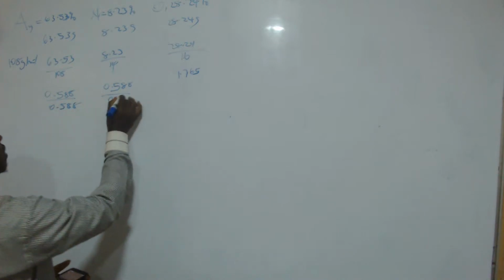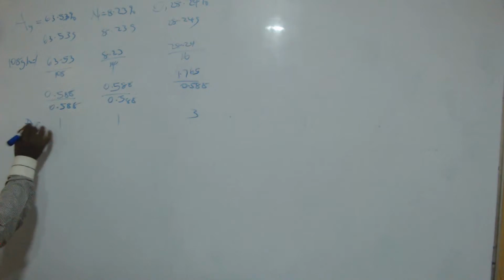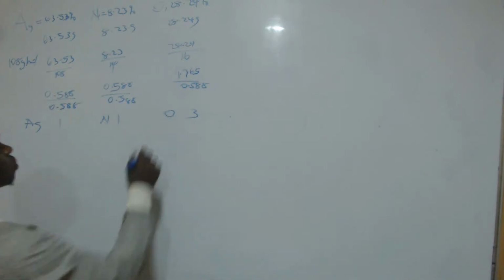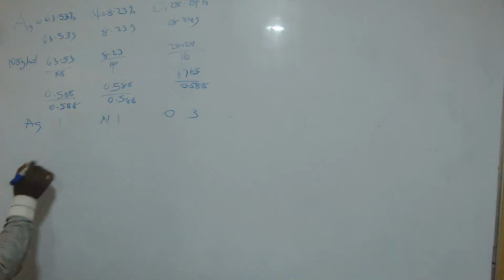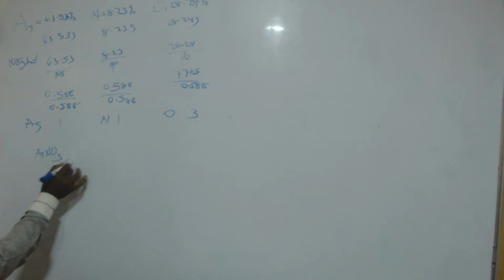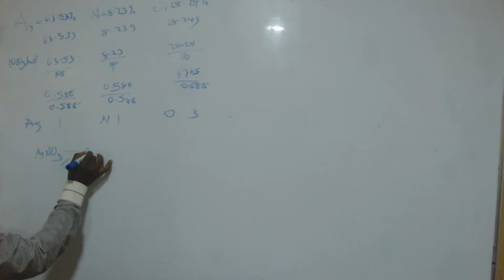That means your silver is 1, the nitrogen is 1, and the oxygen is 3. So the formula is AgNO3. This is the empirical formula.